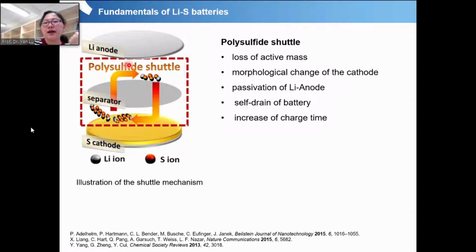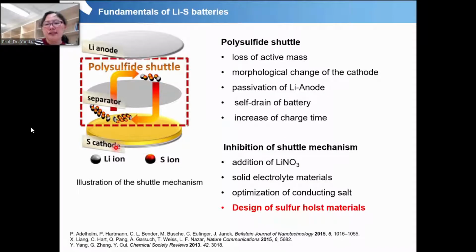Meanwhile, you will get a passivation layer from the polysulfide on the lithium anode. This is also not good for the battery system. Moreover, you will get self-discharge of the battery, and of course you increase the charge time for the system. That's why this polysulfide shuttling effect is a main problem for the lithium sulfur battery, which needs to be avoided.